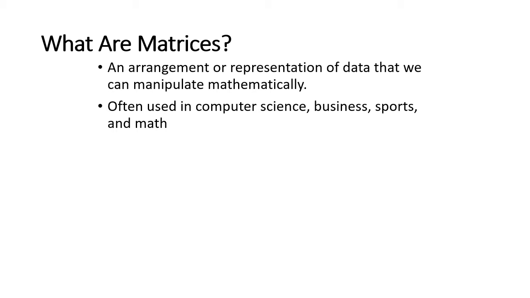Matrices are used very often in computer science, specifically computer graphics, in business, doing analysis of markets, in sports statistics, like advanced stats in baseball. And of course we use them in math.